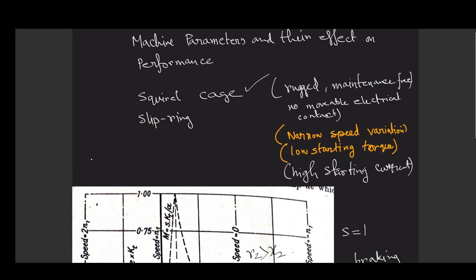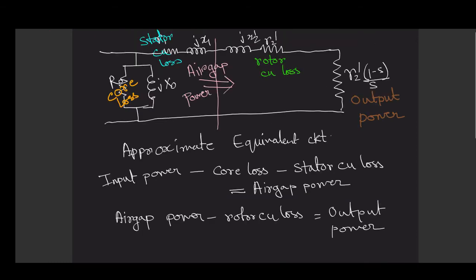Why does it draw a high starting current? The answer lies in this series circuit itself. At start your S is equal to 1, and if S is equal to 1, your output power becomes 0. That means this is almost a short circuit.